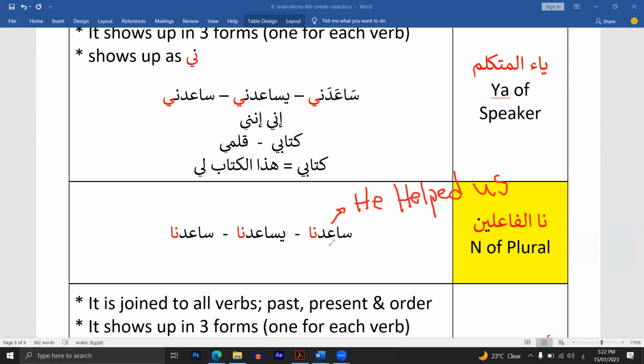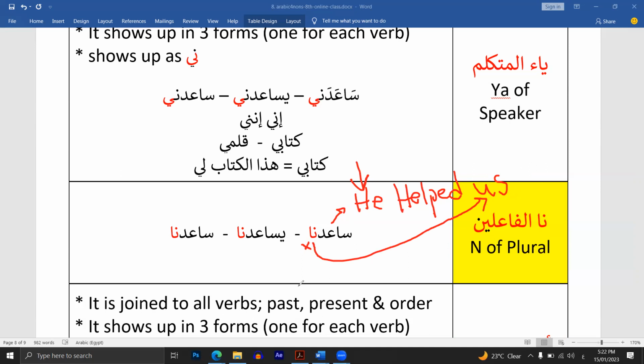So here, the subject is not na. Someone else, he, we are talking about someone, he helped us. So the na here is equivalent to us, and us in English is an objective pronoun.